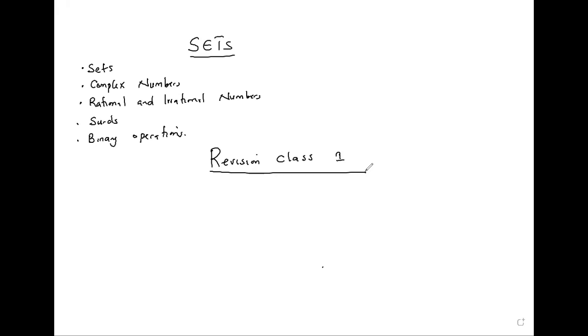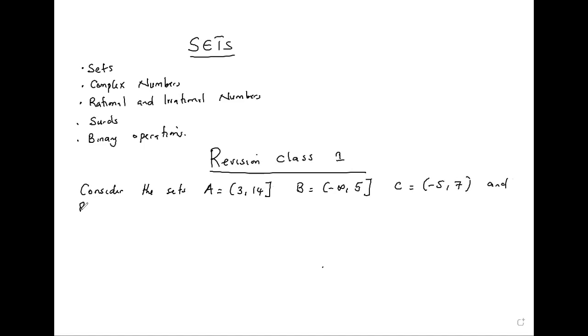Consider the sets: A runs from 3 to 14, included; B from negative infinity to 5, included; C from negative 5 to 7, not included; and R is the universal set.